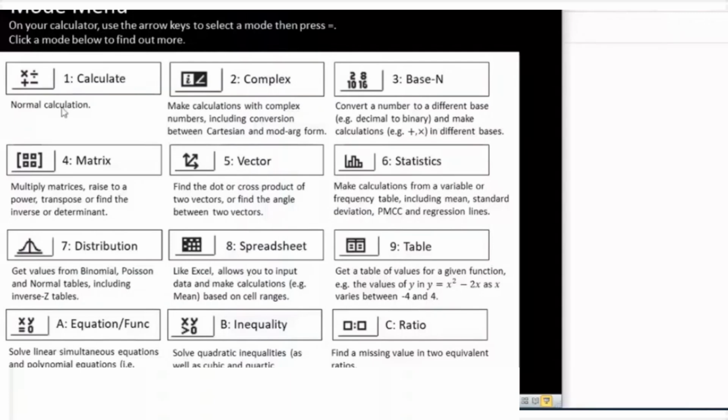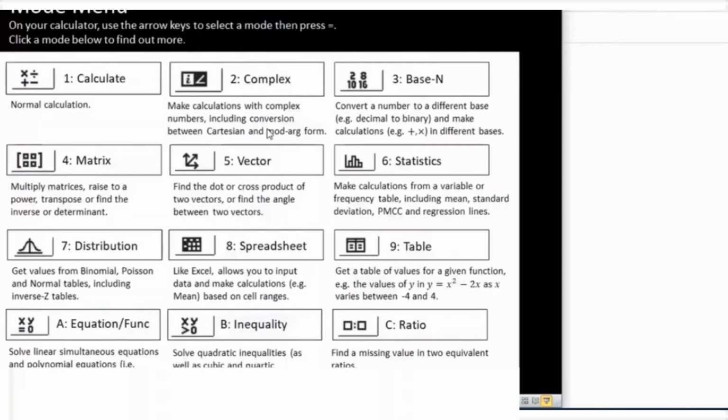So in calculate mode, we do normal calculations. In complex mode, we basically solve complex numbers. In base n mode, we convert a number into different bases, that is decimal to binary and binary to decimal.